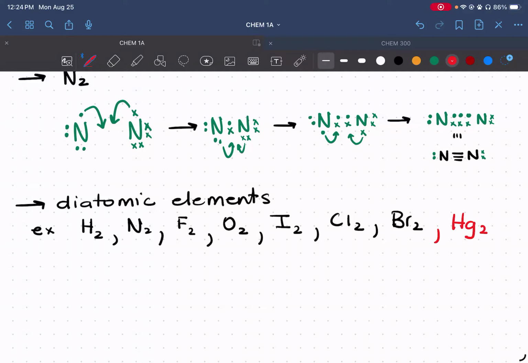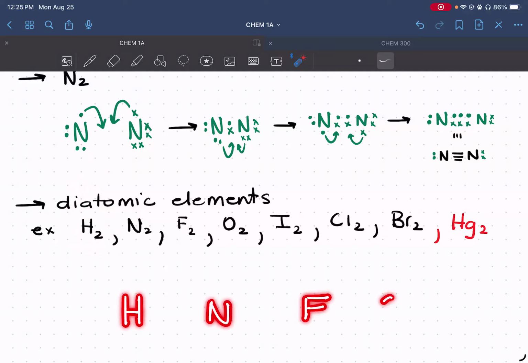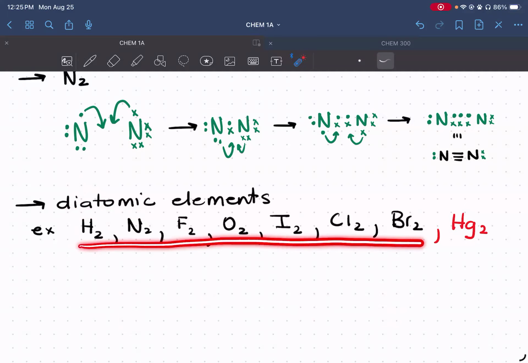These elements are what are known as diatoms, where the prefix di represents 2. In other words, these elements do not exist as just one hydrogen, one nitrogen, one fluorine, one oxygen. They do not. They exist as diatoms, in this form where there are two of them bonded together.